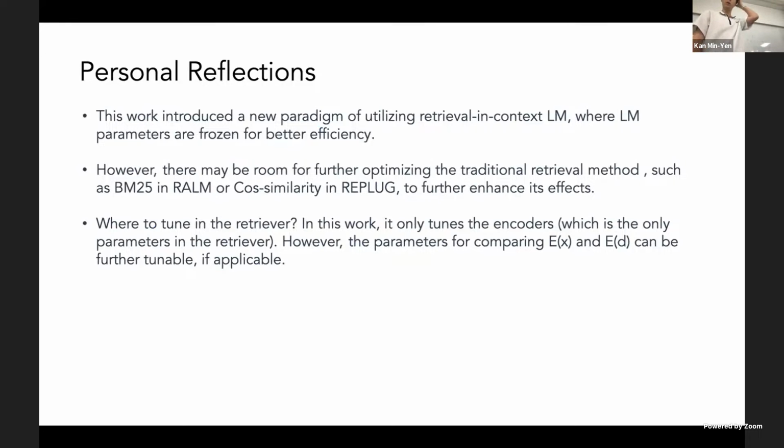There is also some reflection on the second work by myself. Previously I had some questions about why people use BM25 and even cosine similarity in this work.